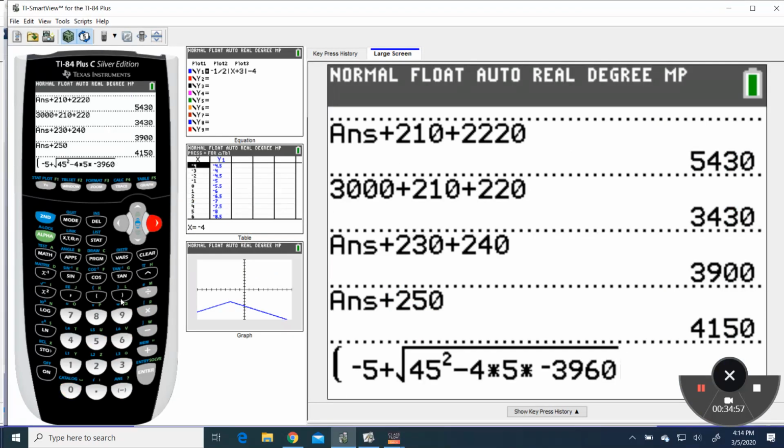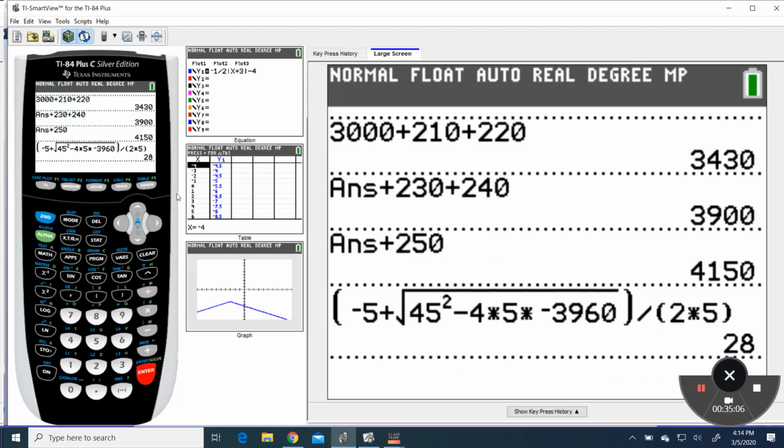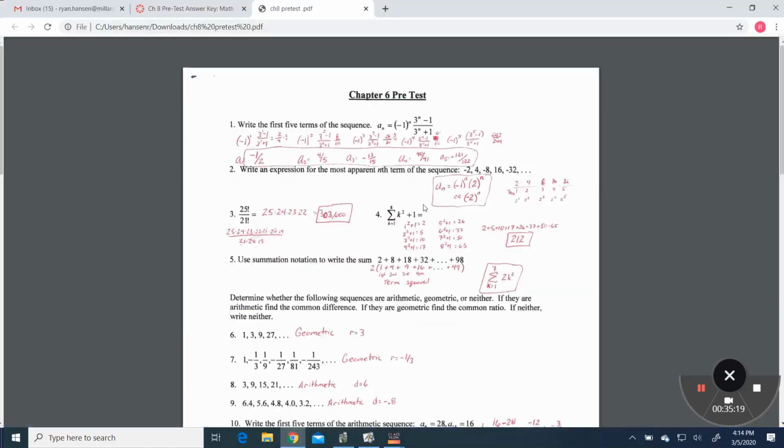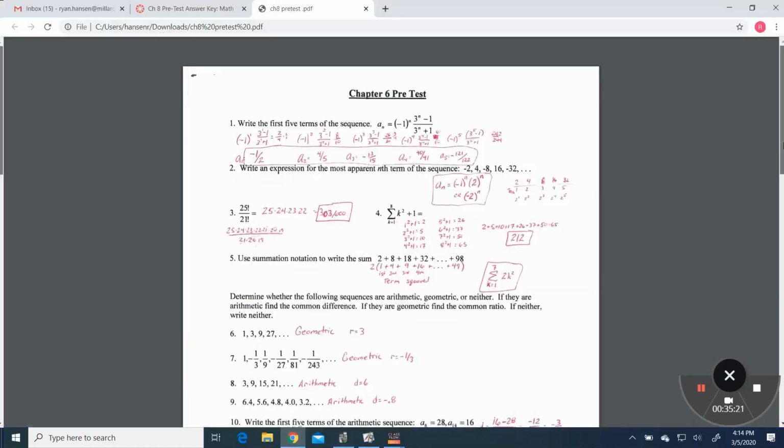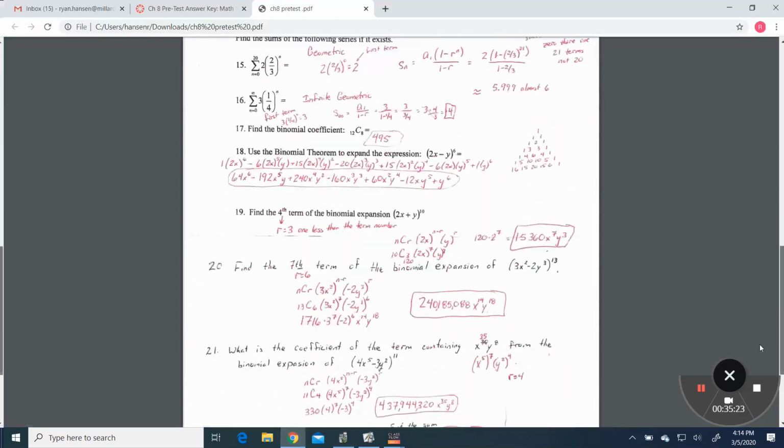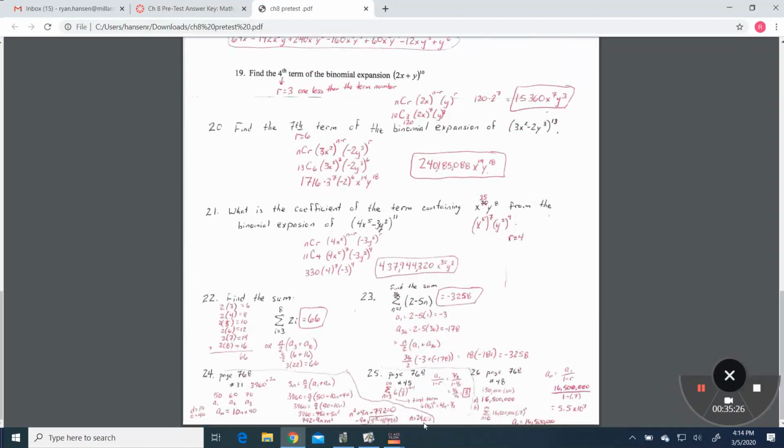Get out of my square root, divide it by 2 times a, which was 5, and I get that it's 28. Which I think is different than what it's supposed to be. It's supposed to be around 24.